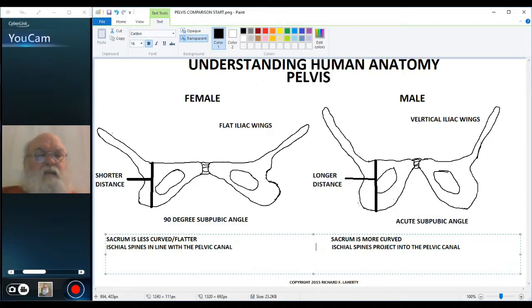And again, this is a way to open up the female pelvic canal to have less obstruction projecting into the canal, to allow the baby to pass through more easily.